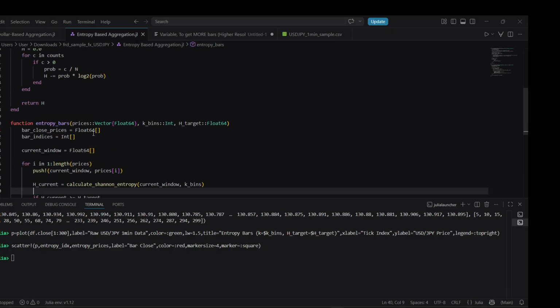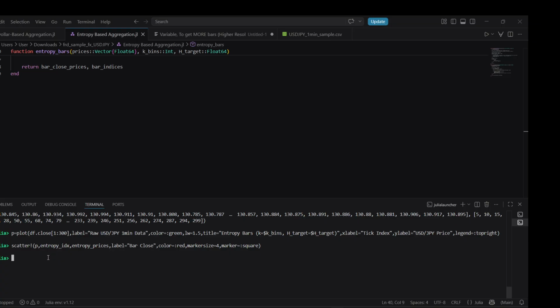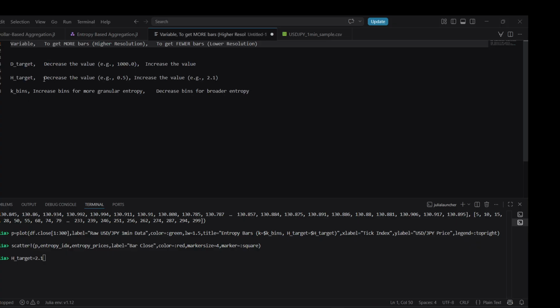Now, this is my entropy-based aggregation code, and let's run through it and see. So let's pick a target. Look here. Every time you want to get more bars, you have to decrease the Shannon entropy value, right?